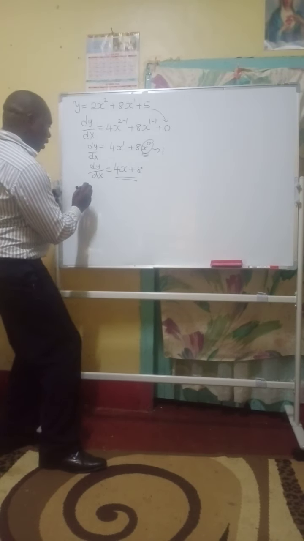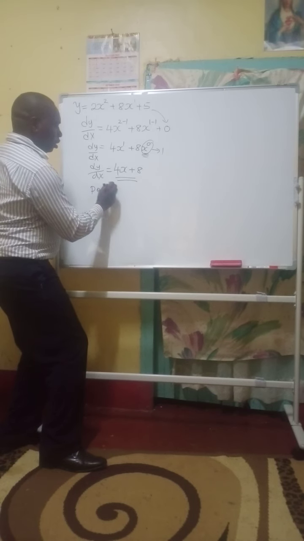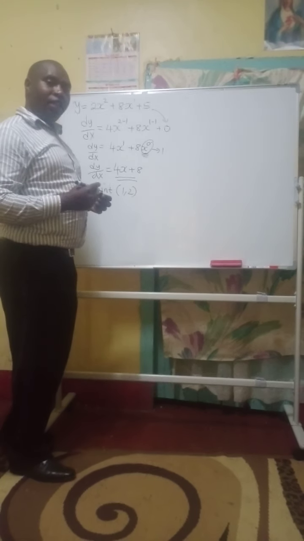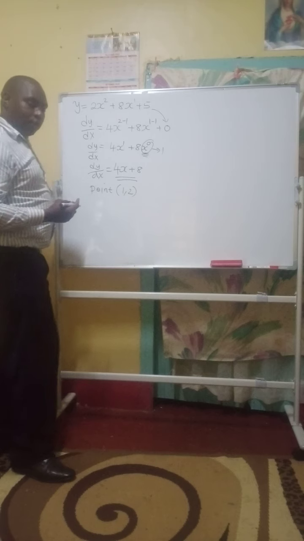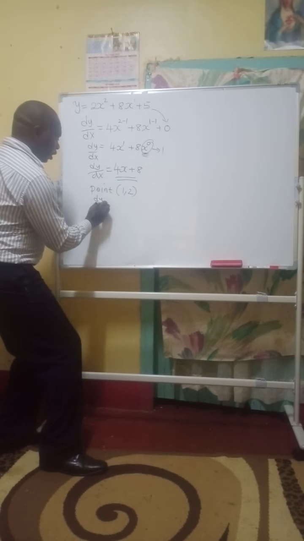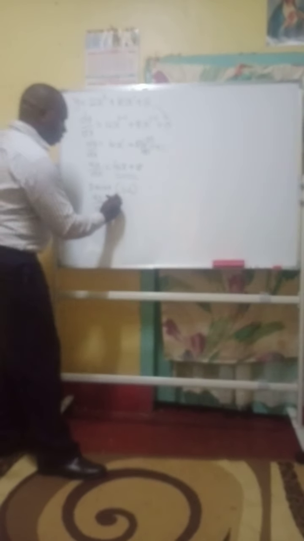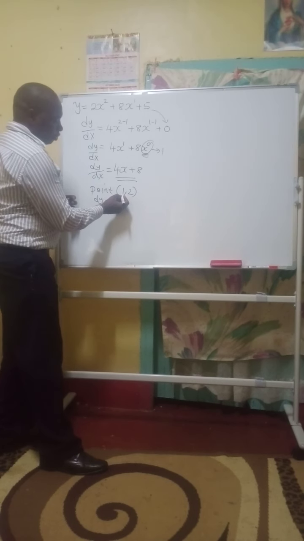Now, assume that you have been given a point (1, 2), and you're told to determine the gradient at that particular point. Now you can do the following. You have your gradient function. So dy/dx is equal to 4 into, now you replace with the value of x.